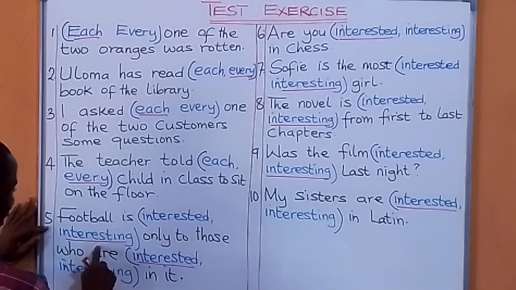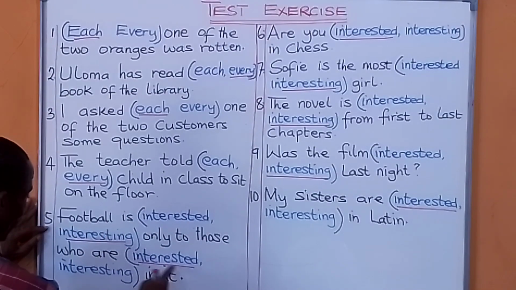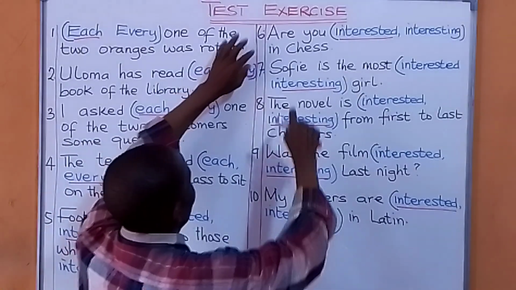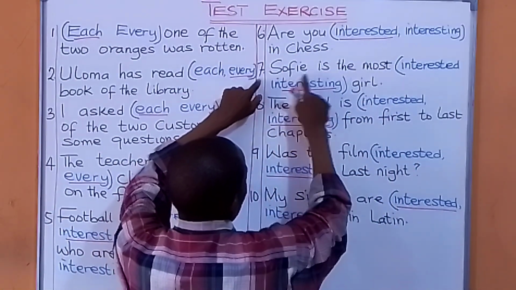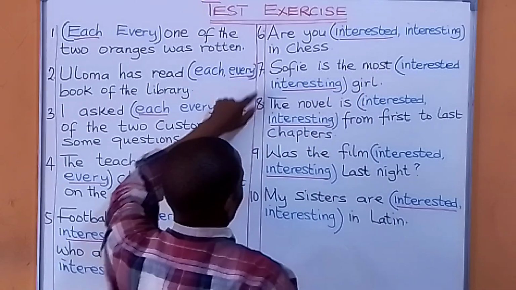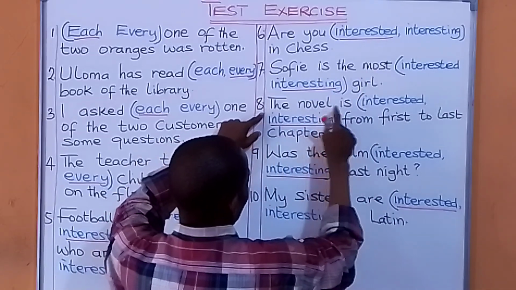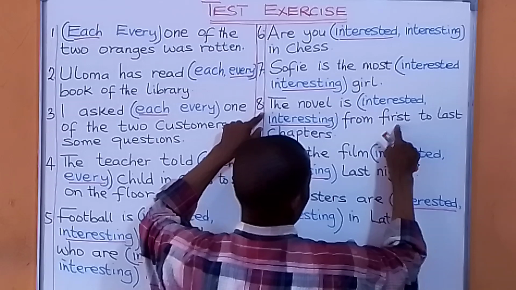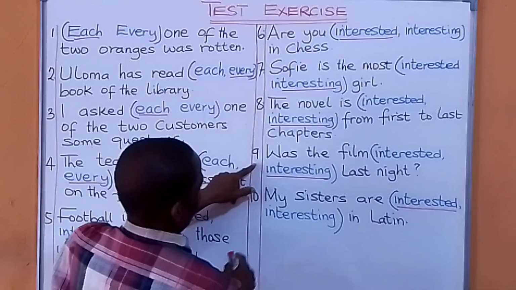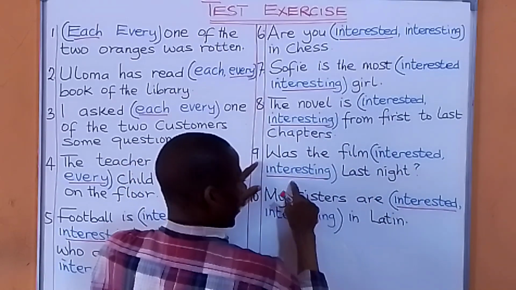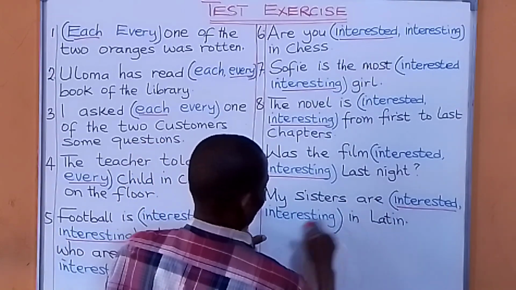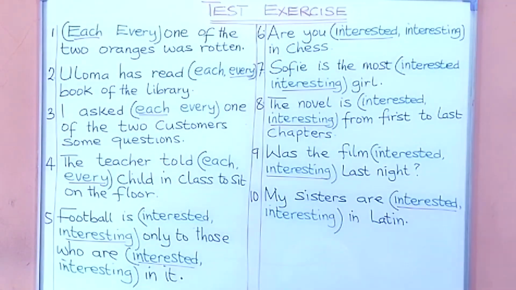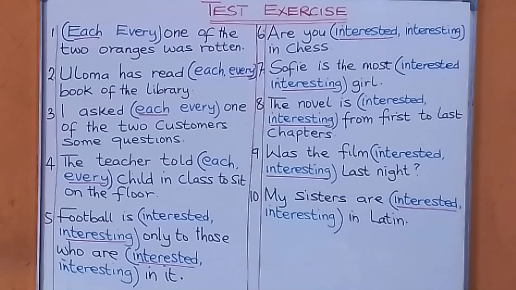Football is interesting only to those who are interested in it. Are you interested in chess? Sophie is the most interesting girl. The novel is interesting from first to last chapters. Was the film interesting last night? My sisters are interested in Latin. So, those are the answers for that.